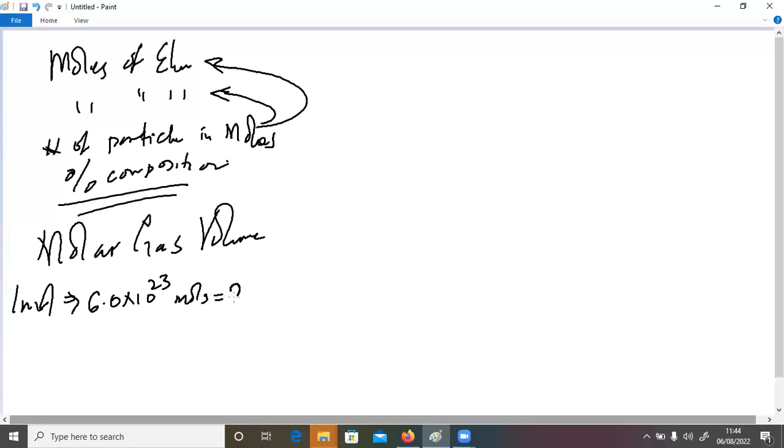We also learned about the molar gas volume, 24 dm cubed, which is equivalent to 24,000 centimeter cubed, that 1 mole of any gas must occupy at room temperature and pressure. And using this, we are able to calculate the number of particles and do some calculations revolving around that particular element.